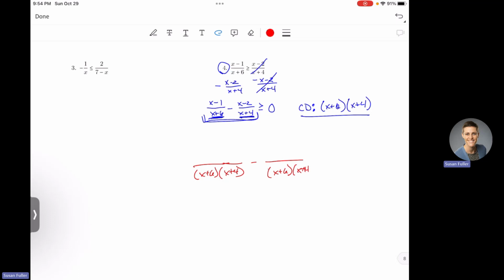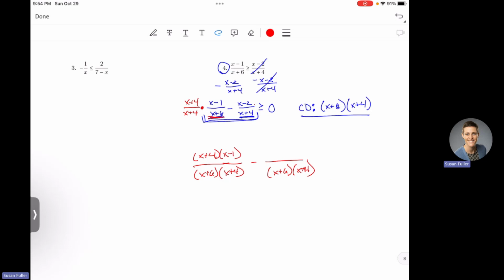Okay, so how to do this again? From here, we're going to let the denominators lead the way. What am I missing from this denominator to get to my common denominator? Well, we're missing x plus 4, so I'm going to multiply that on top and bottom here. And so then here I'm going to get x plus 4 times x minus 1.